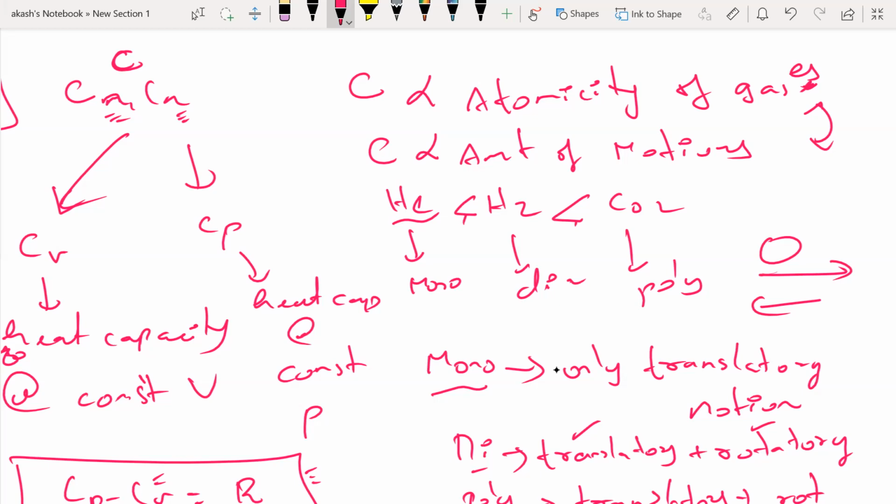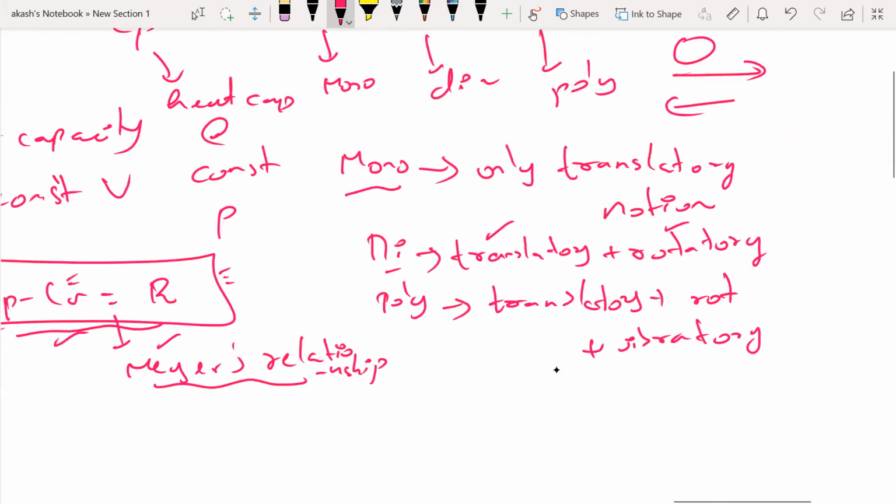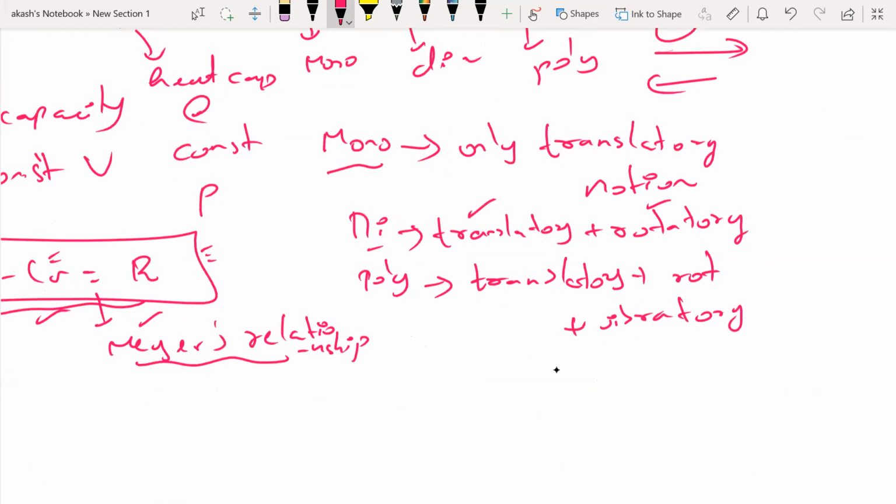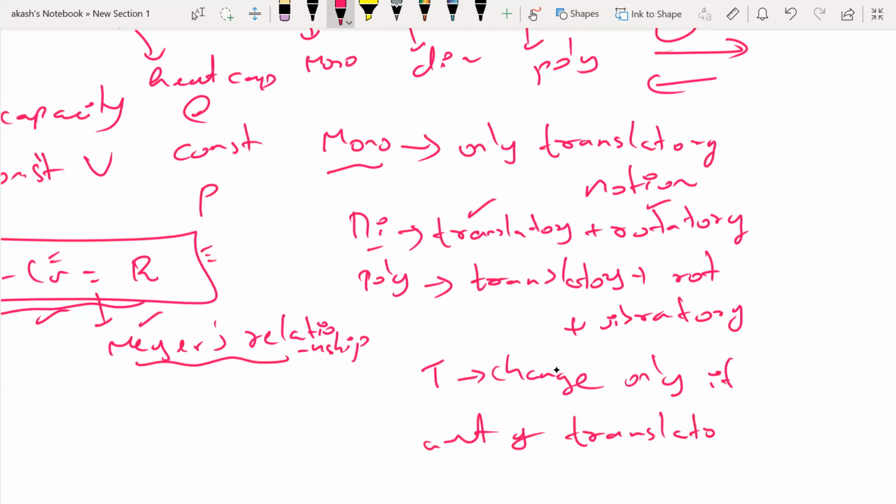Okay, right. Now there is another thing which you need to remember. Please understand, the temperature will change only if the amount of translatory motion changes, right?